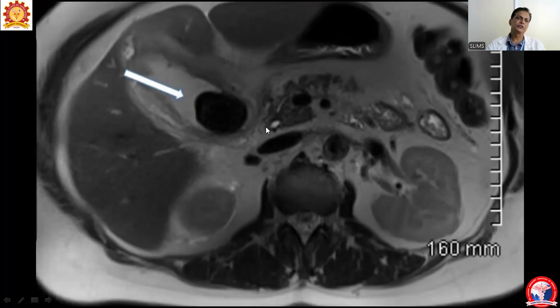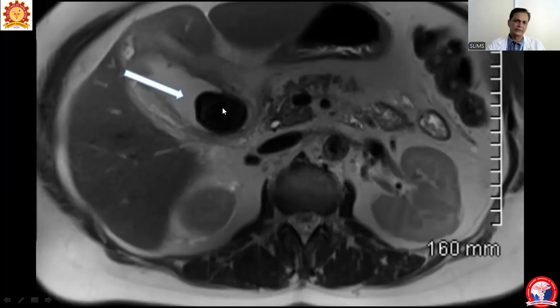This is an MRI image. What we are seeing here is the gallbladder. This is a T2 weighted image showing the gallbladder as iso to hyperintense, and there is a well-defined area without any signal. This is almost signal void. So this is a calculus.